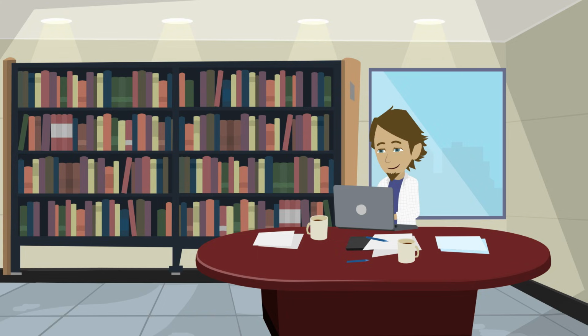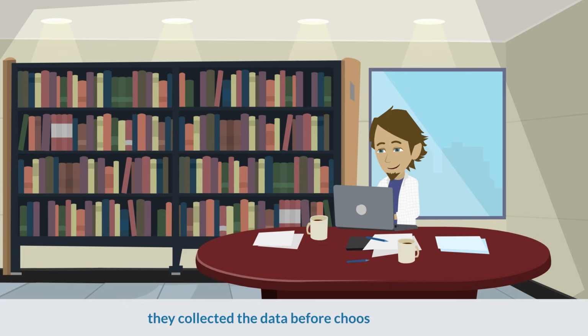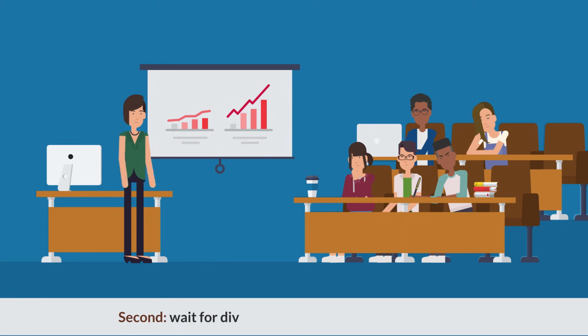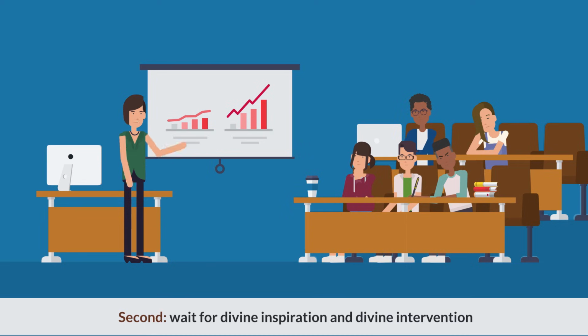I have seen students with boxes of raw data that they had to throw away, simply because they collected the data before choosing their topic. They were stuck trying to fit unrelated data into a topic. Second, some students wait for divine inspiration and divine intervention. They hope that somehow someone will appear with signals that suggest several topics from which to choose.